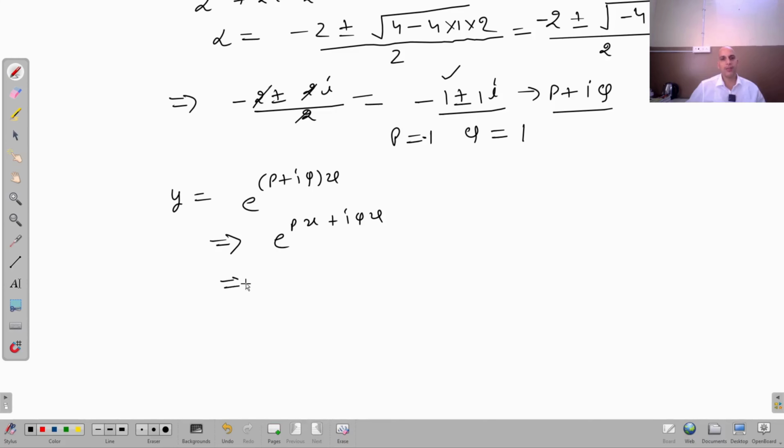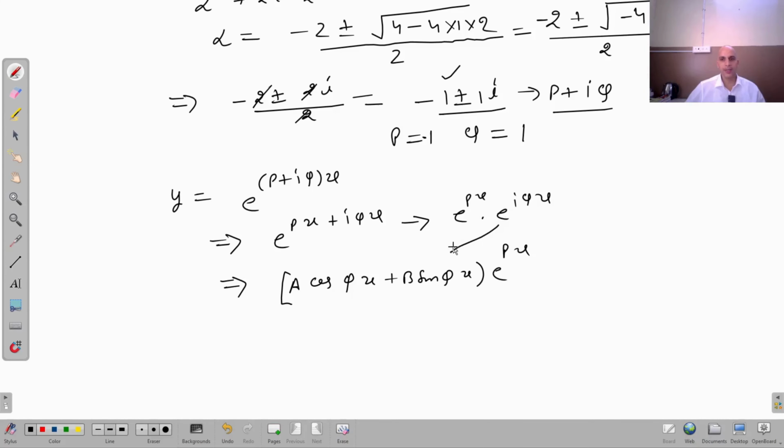When you expand it, it becomes a cos of Q x plus b sine of Q x into e raised to power P x, because you can write it in this way: e raised to power P x into e raised to power iota Q x.